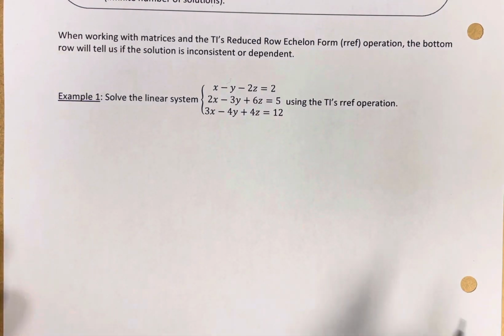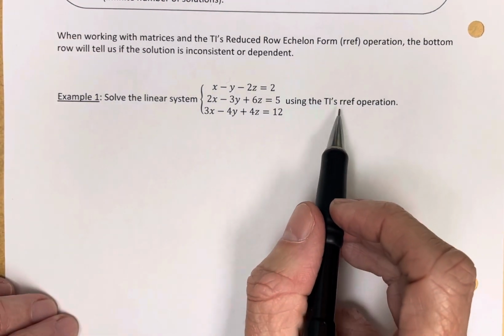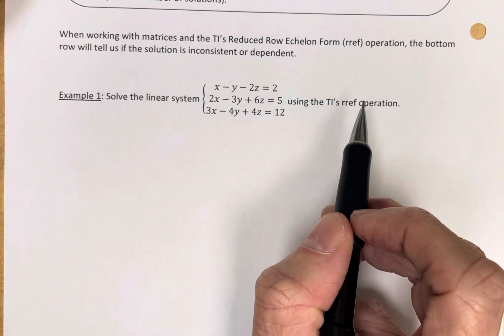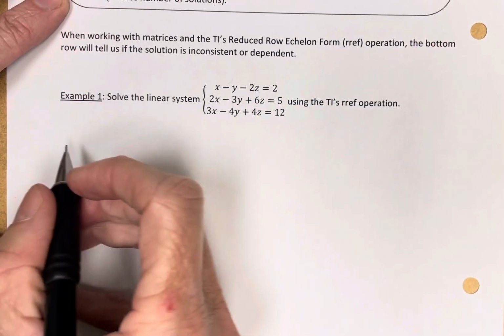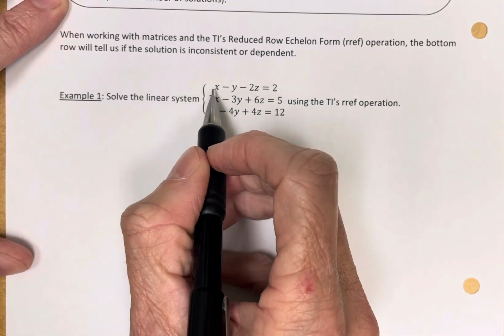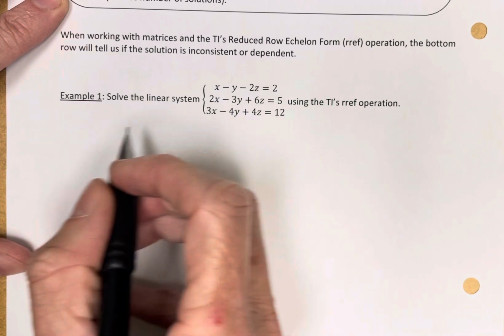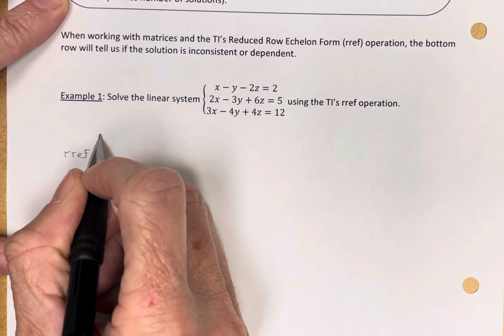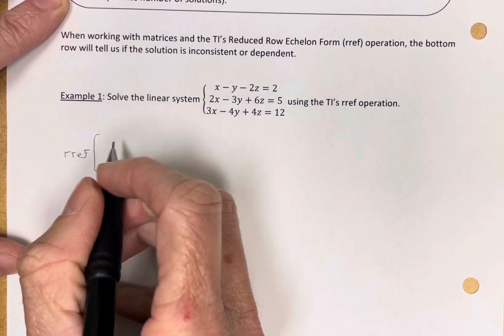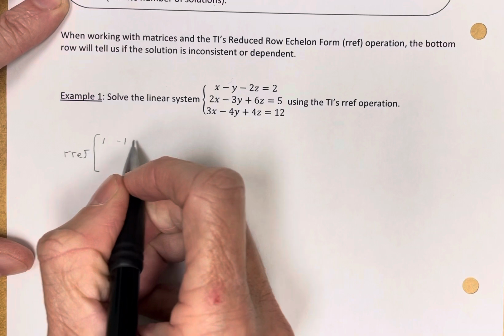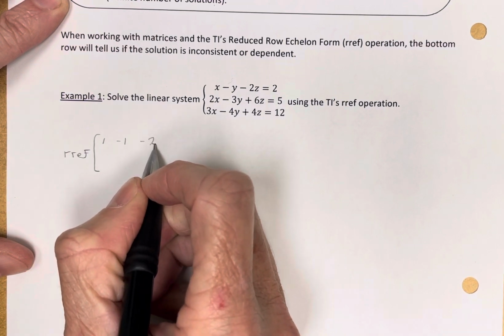Okay, let's solve this linear system using the rref, reduced row echelon form operation. So we already have these in standard or general form. We have coefficients for all of our variables. So we can rref an augmented matrix, which would be: the first equation has coefficients 1, -1, -2.